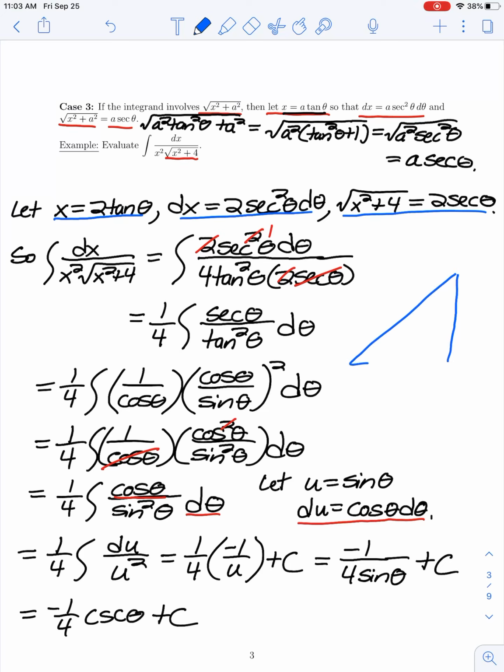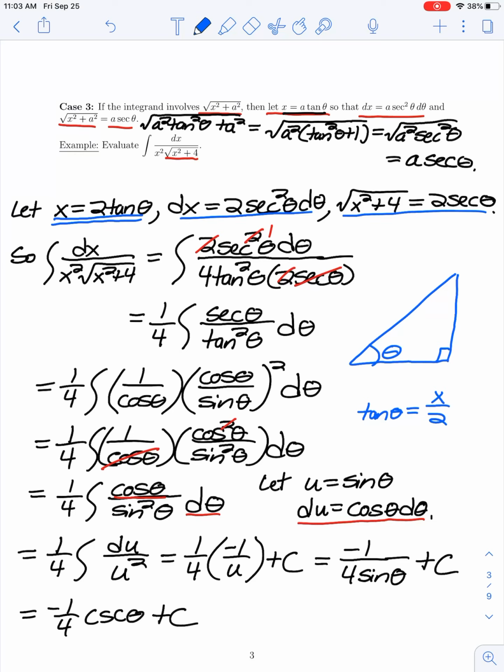So let's consider the right triangle produced by this angle measure theta. Since in our substitution we said x is equal to 2 tangent theta, that means tangent theta is equal to x over 2.